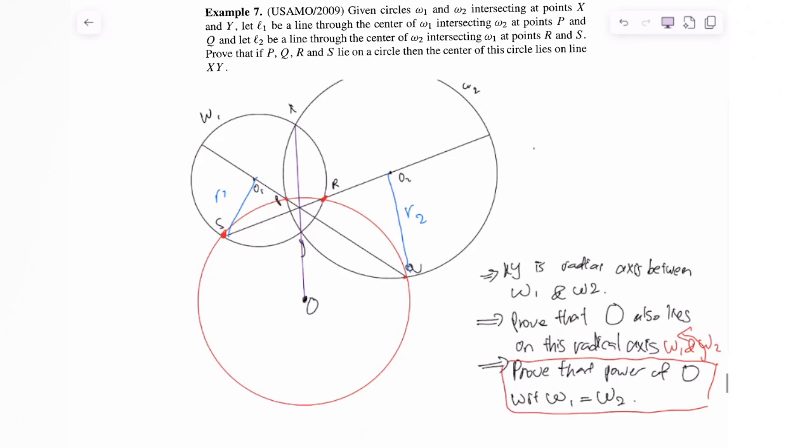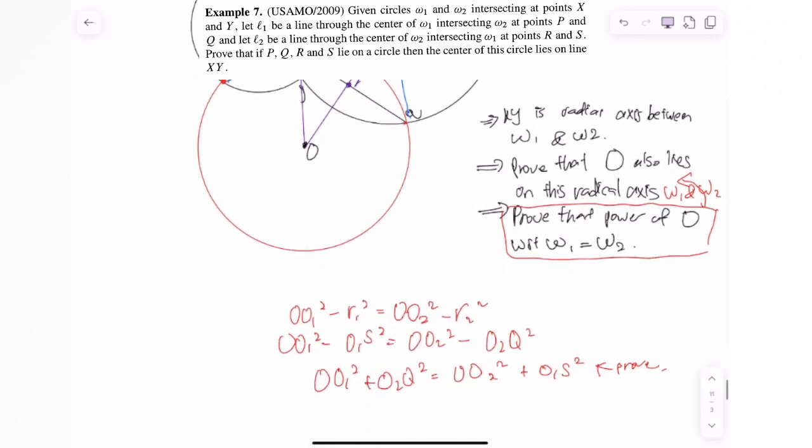Okay, so notice that when we draw a line O to O2, it intersects PQ, which is the radical axis between the red circle and omega 2. Let's call this point X, and it's at 90 degrees.